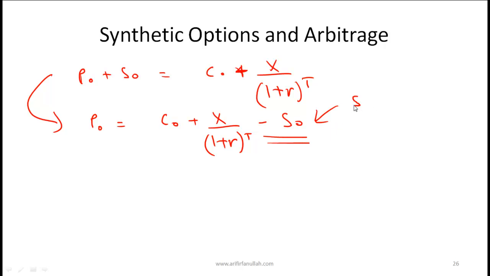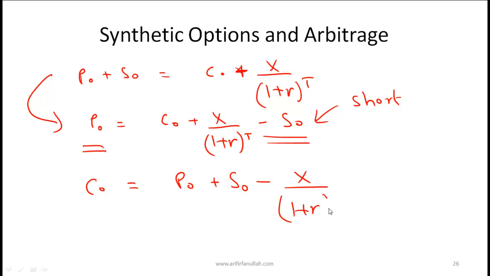Negative means that we are short the stock. So we can create a synthetic put by going long on a call option, long on a zero coupon bond, and short on the underlying stock. Similarly, we can create a synthetic call option by going long on a put, long on the stock, and short on the zero coupon bond. We can also create a synthetic stock, and so on.